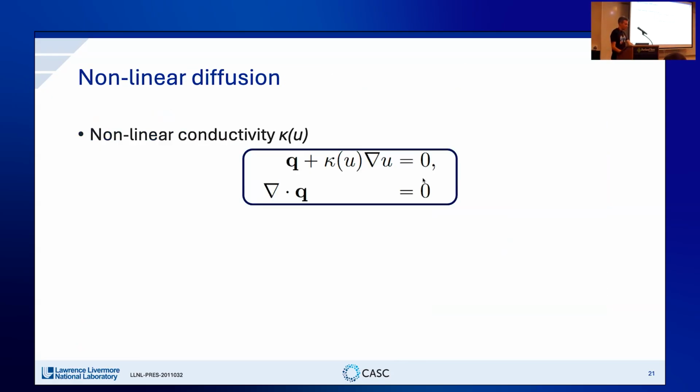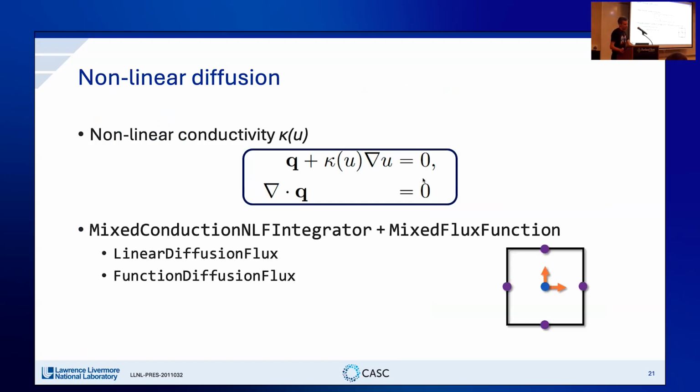We also support nonlinear diffusion. So that conductivity can depend on the potential. So we follow a similar pattern, and we have this new class mixed conduction NLF integrator combined with the mixed flux function.